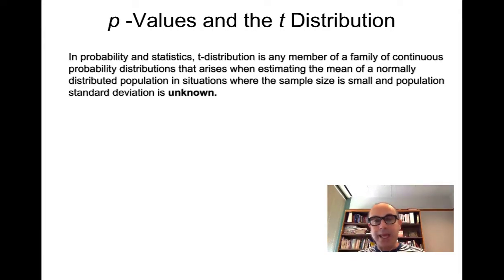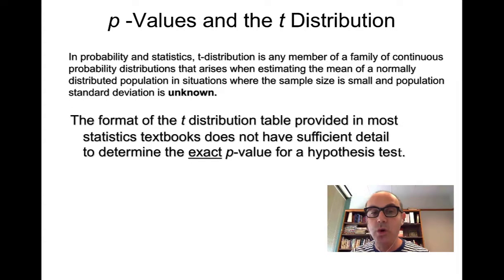And again, in probability and statistics, the t-distribution is any member of the family of continuous probability distributions that arise when estimating the mean of a normally distributed population where the sample size is small and the population standard deviation is unknown. This is where we use the t-distribution to do that.